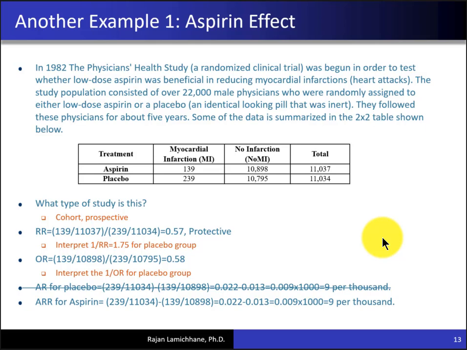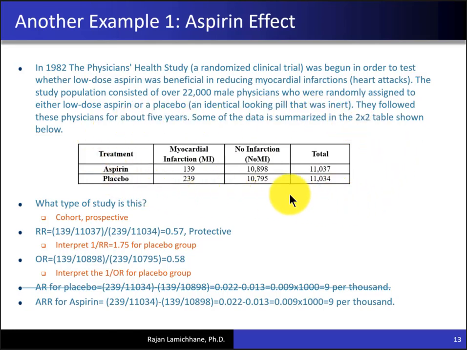Then we take the data, and here is the summary. 139 physicians who took aspirin had MI, and similarly 10,898 who took aspirin did not have MI. And these are the numbers for the placebo group.